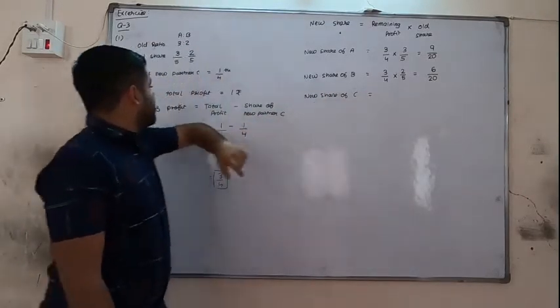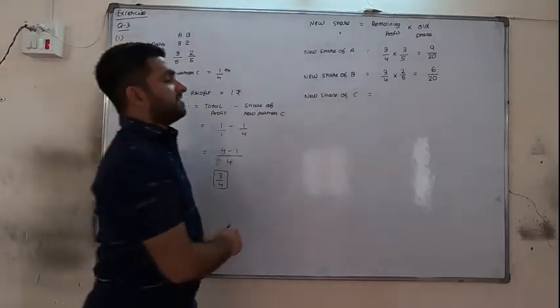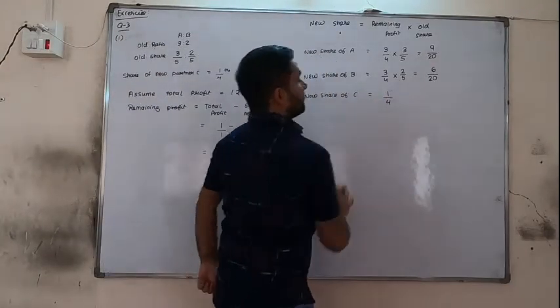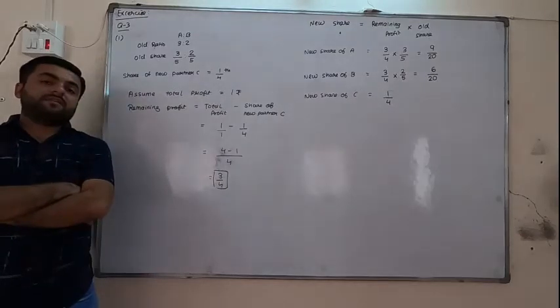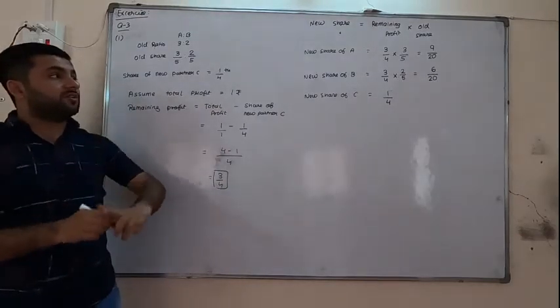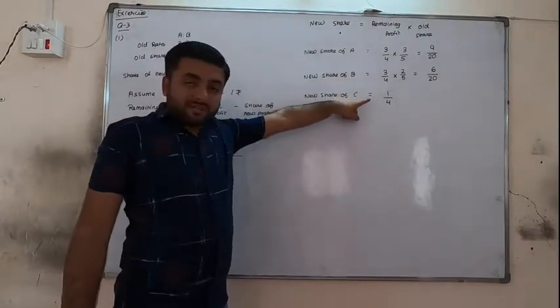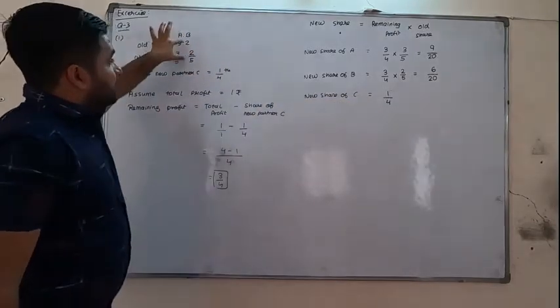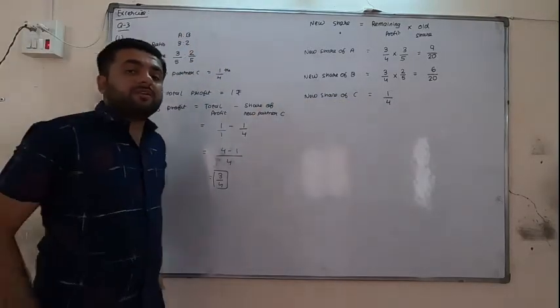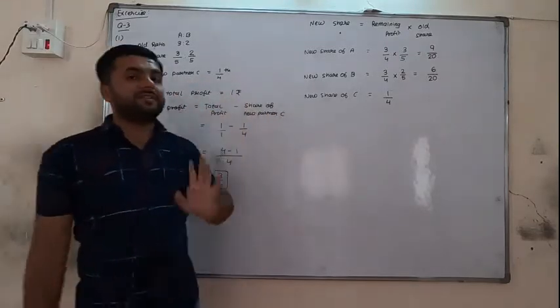So for the new share of C, it is written that share of new partner C is 1 by 4. It will not have remaining profit because it does not have an old share. See here, old share is not given for C, so directly 1 by 4 is to be written.